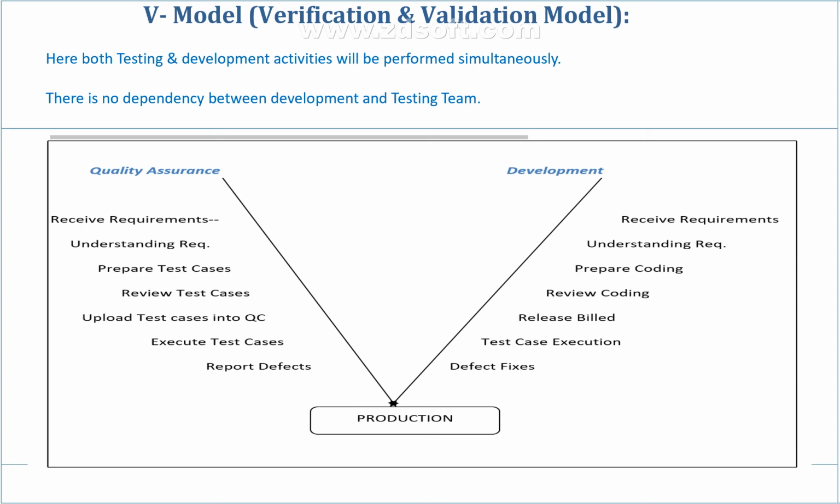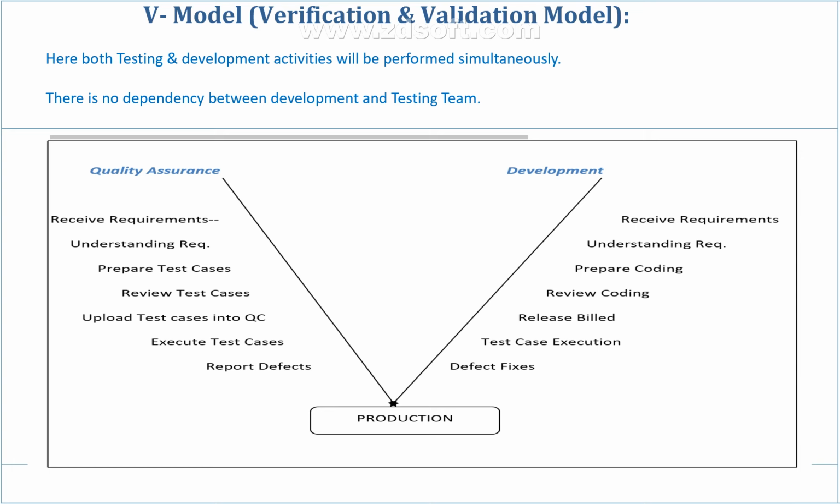It's not BILLED, sorry, it's BUILD, build. Testers upload the test cases into QC and they execute them. They report defects. The developers normally fix the defects. I will explain in detail.